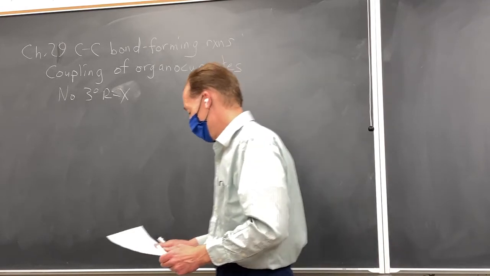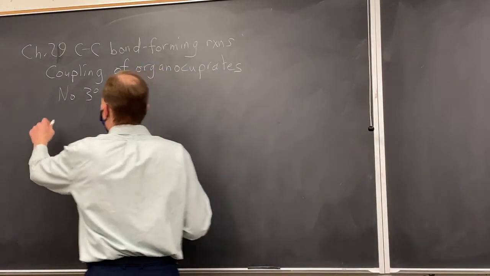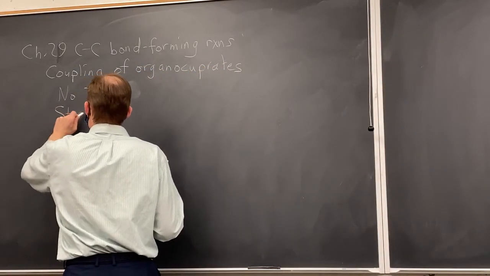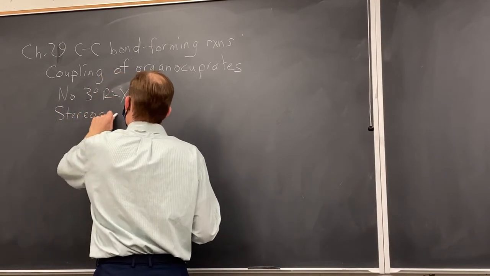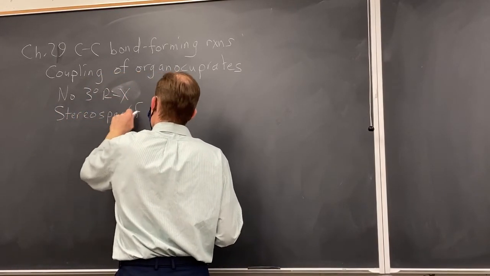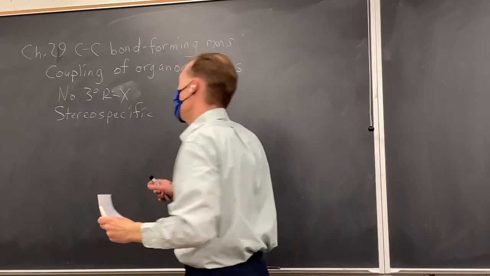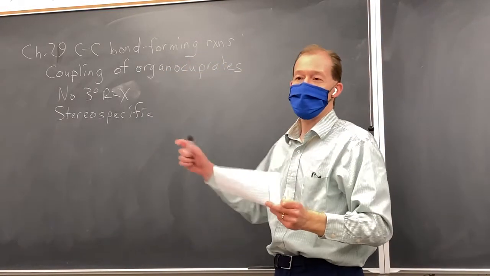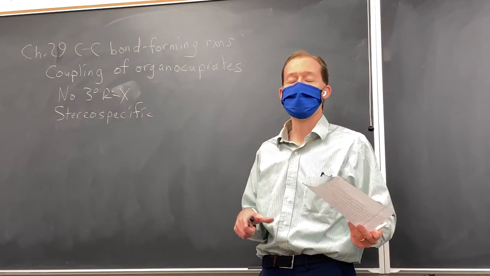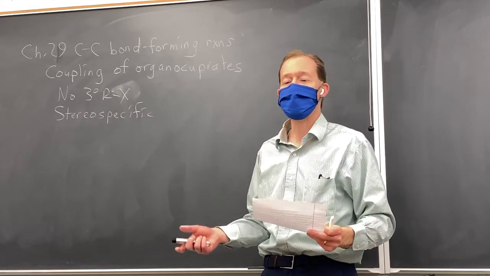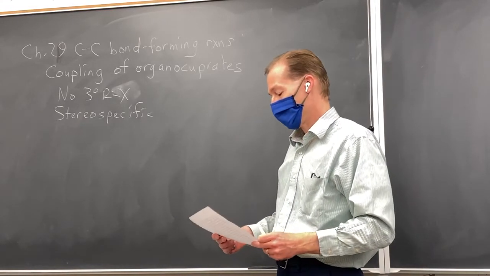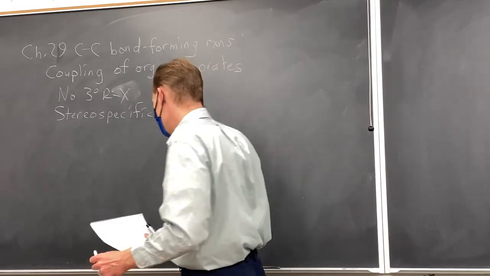Okay. A key thing about this I should write down, it is stereospecific. So if you have stereochemistry associated with an alkene, either in your cuprate or your halide, that stereochemistry will be retained in the product.